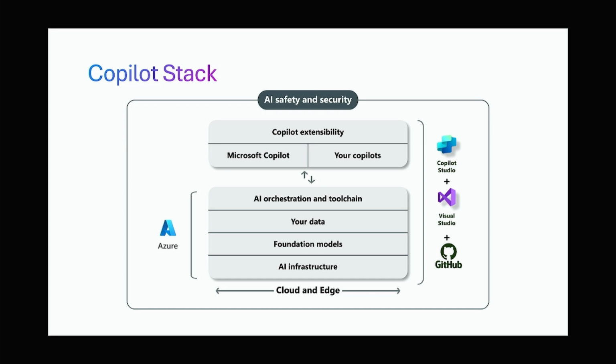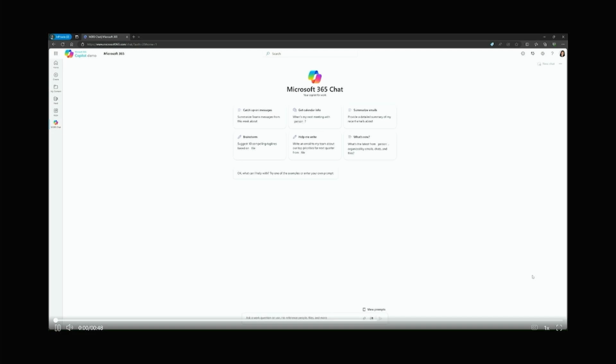That's where you actually make an artificial intelligence. Everything above here is where you're leveraging an artificial intelligence. So you've got Microsoft Copilot, and then your Copilot is built with Copilot Studio with the help of Copilot. So that's a fun one. So when we look at Copilot for 365, this is Teams, little video.